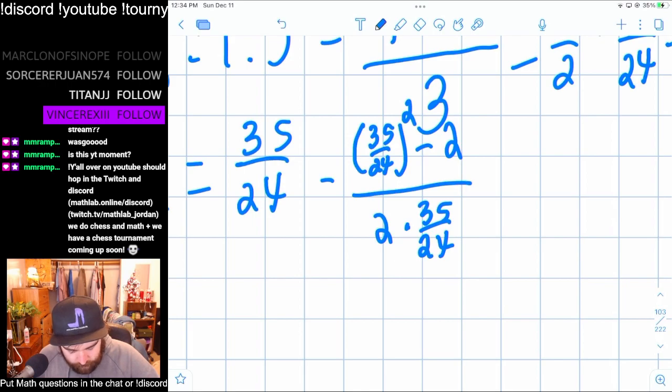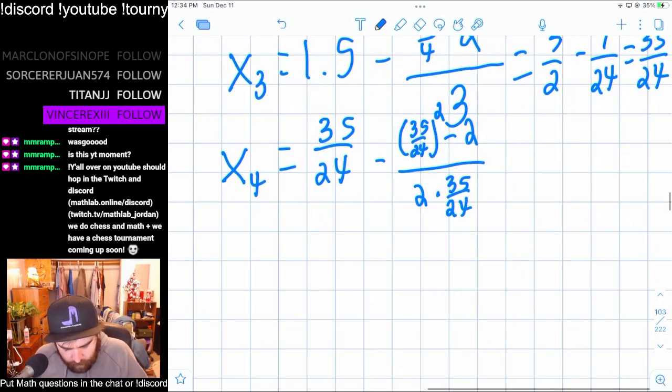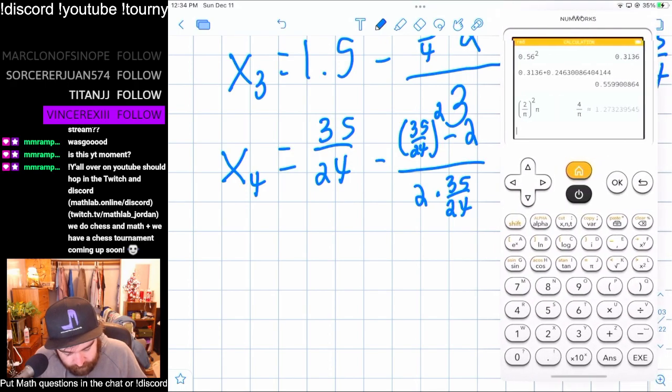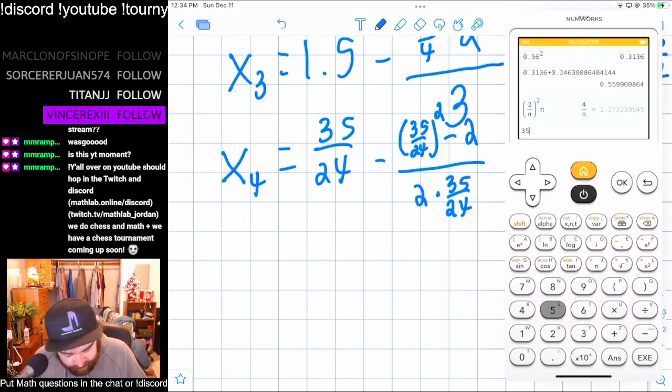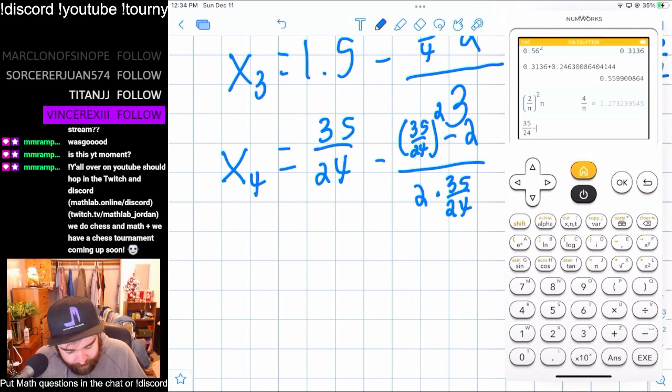So how are we going to grind this out? Should we just go to the 4-function calculator? The problem is I don't really have one, but I don't need to sit here and add and multiply fractions.